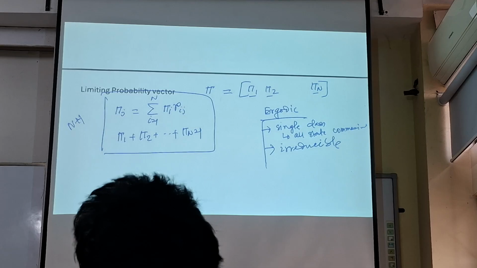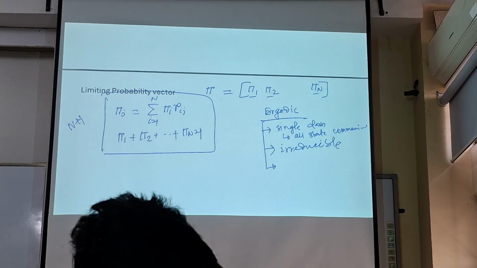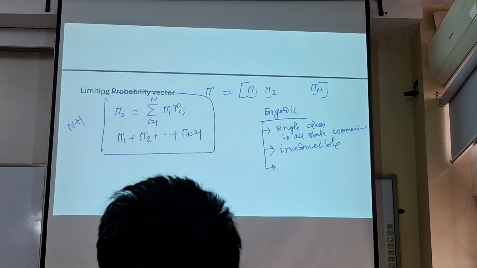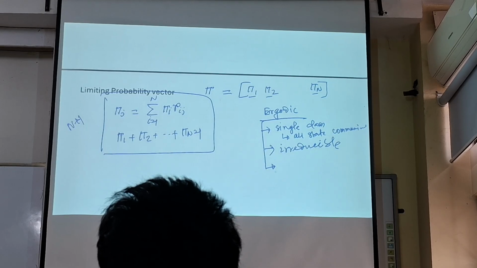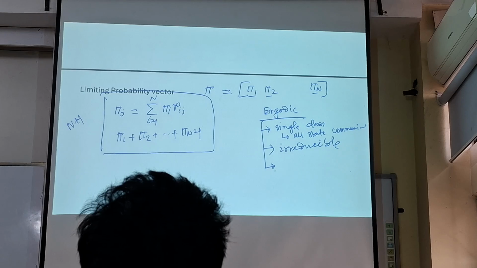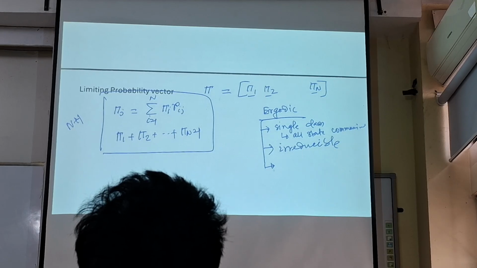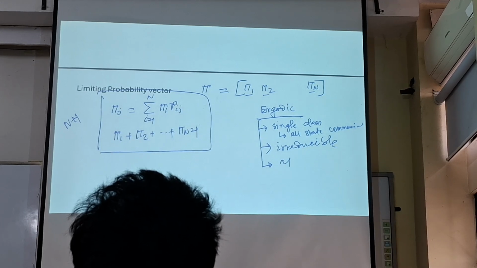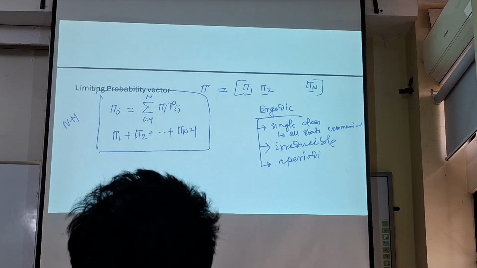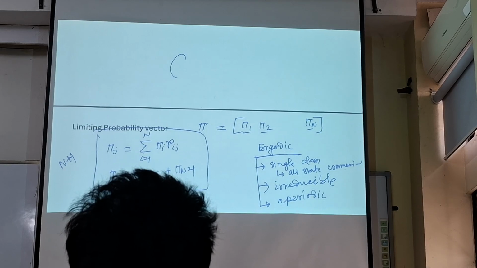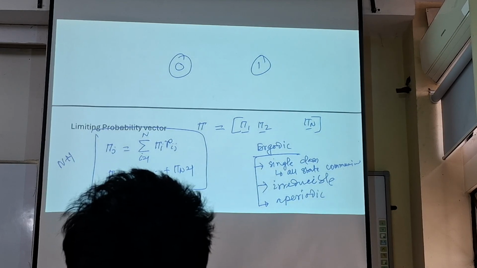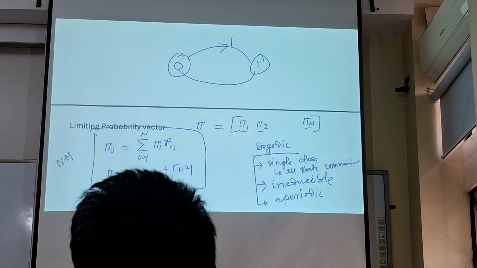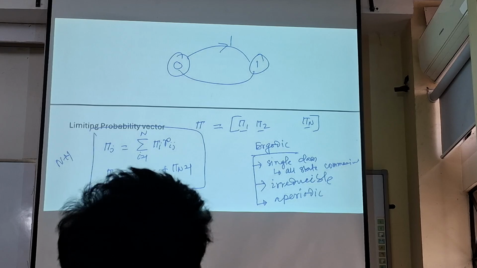But there is a condition that even though all states communicate as a single class, it might not be ergodic. What is the additional condition here? Positive recurrent. The positive recurrent is inside this one. For example, if I could take something like this, not this one.